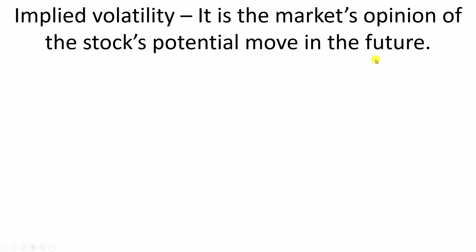We can come to know how much it fluctuated over the period of one week or one month or one year. But that is not what we are concerned about. How much will it fluctuate in the future? What is our opinion about the stock's fluctuation? That is called implied volatility.